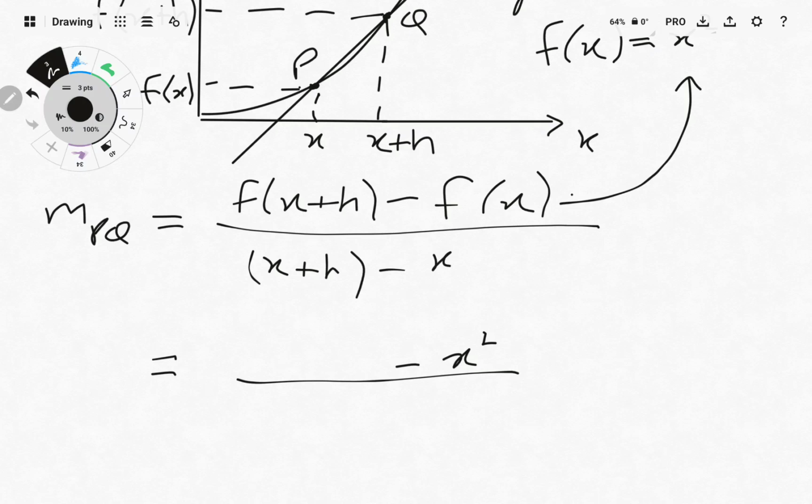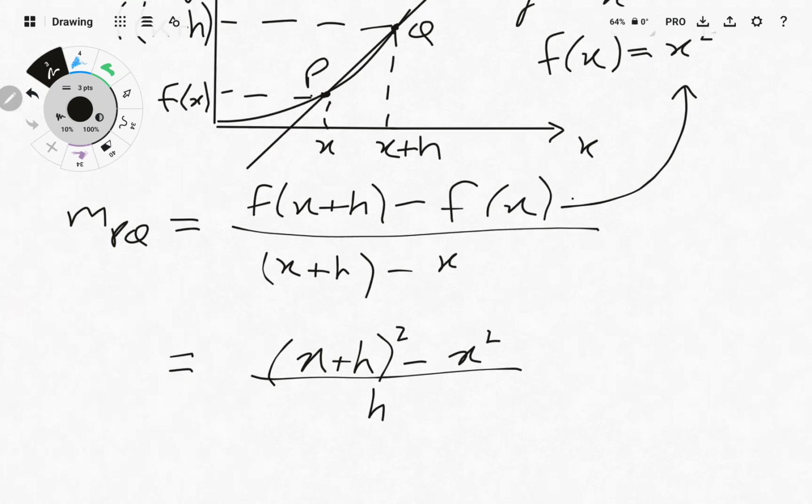We know that whatever is in the parentheses, the argument of a function, replaces all instances of that variable in the function. What I mean is, since right now in the argument of this function we have x, we simply had x squared. If I replace x with x plus h, I'm going to get x plus h whole squared. As for the denominator, it is simple, x and x cancel, and I'm simply going to get h.